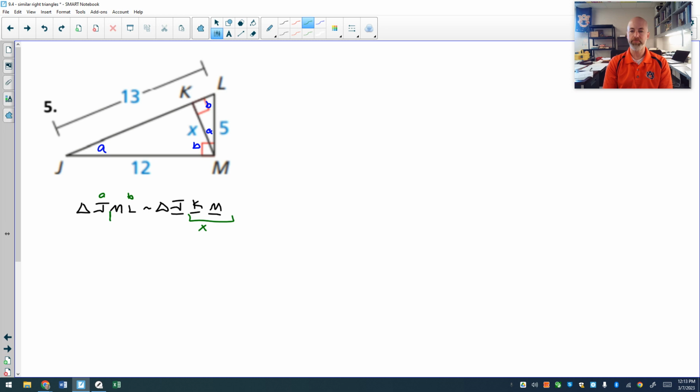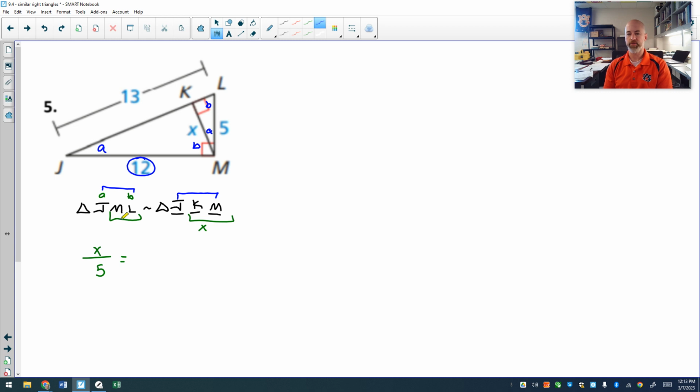So I absolutely must connect KM to ML. So I'm going to do that. X over ML. And ML is right here. That's 5. Equals. Then I'm looking at my triangles, and instead of just randomly choosing, I'm looking at my triangle JKM, and I notice that I have the length JM. JM is first and third, so I'm going to connect that to first and third of the big triangle.